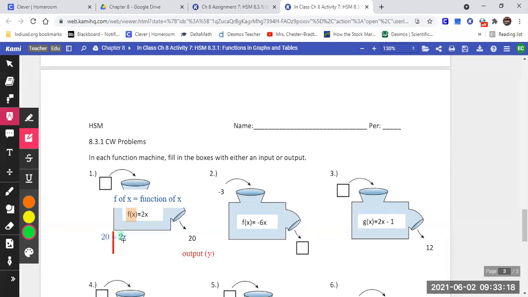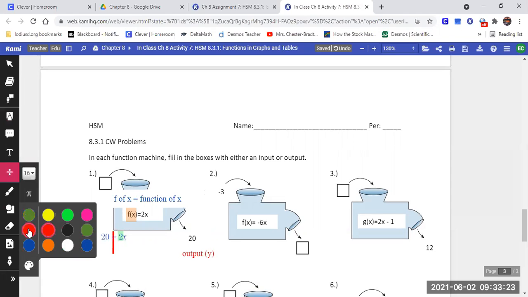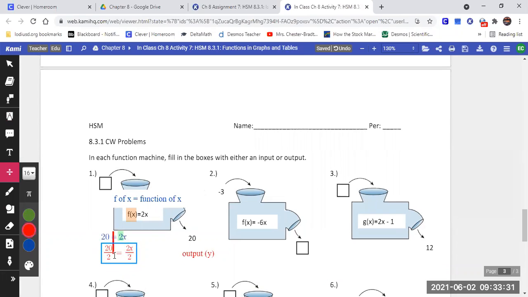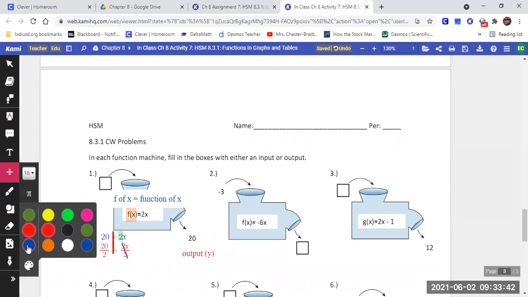So I'm getting rid of this 2. And like Lily said, we're going to divide both sides by that 2. Okay, so that's the 20 divided by the 2 has to equal the 2x divided by the 2. That made my 2 go away. And my final answer for my x is what?